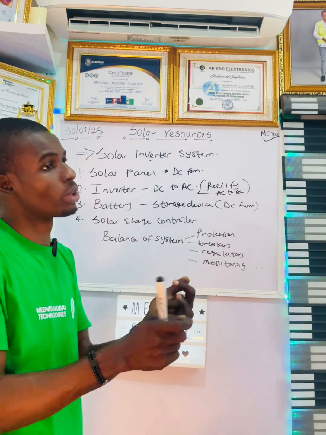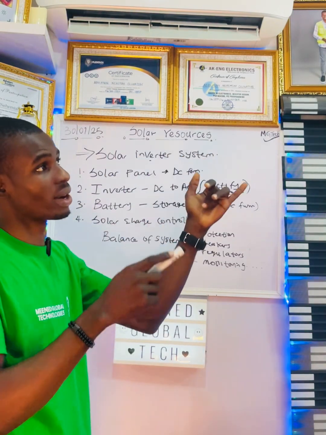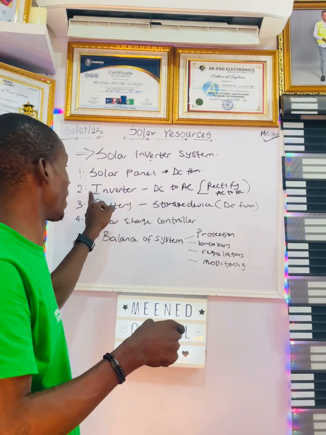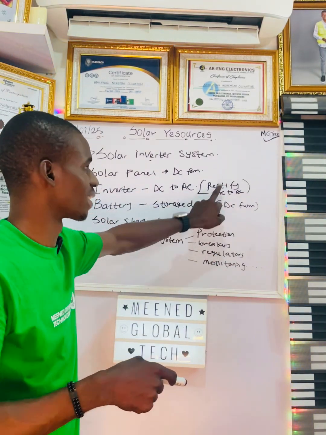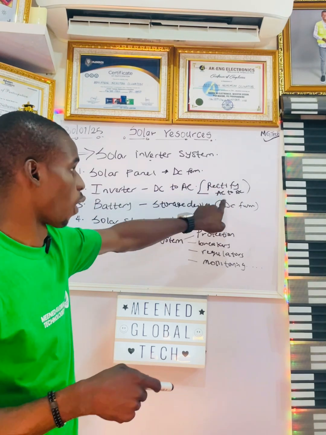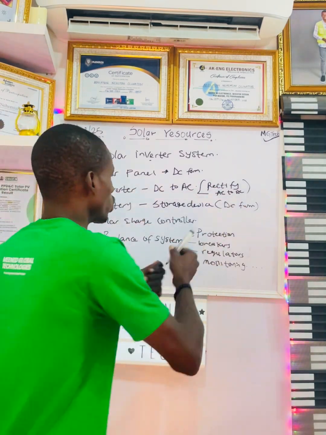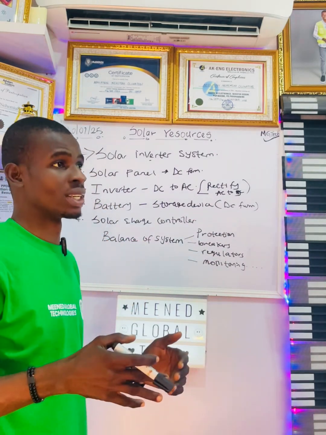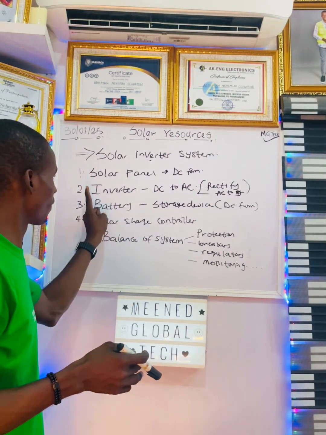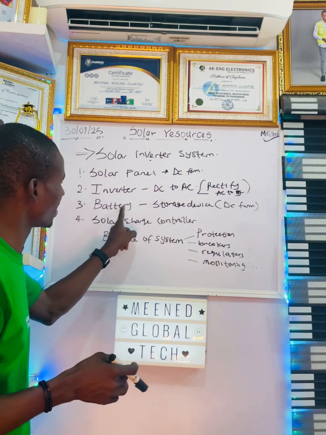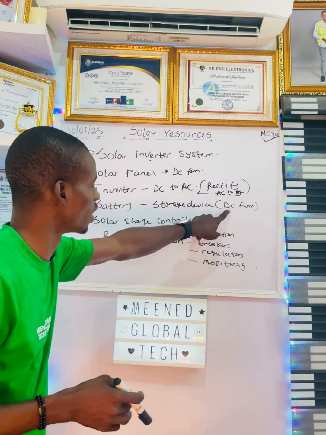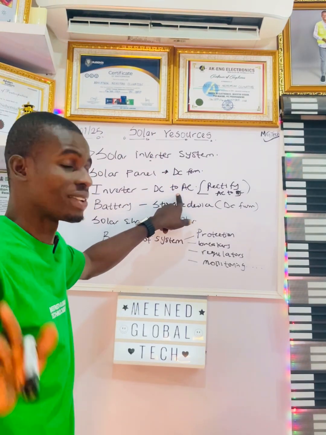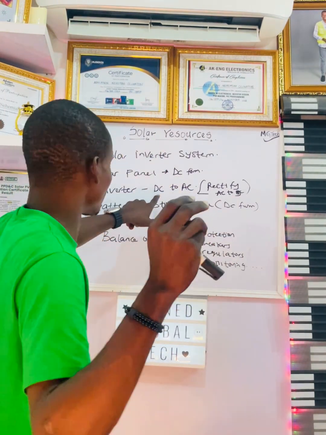The stored energy can come from the panel, or from gen or NEPA passing through the inverter via the rectification process of converting AC to DC. Once energy is stored on the battery, the inverter converts the stored DC energy to AC form of energy, which we use in powering our devices, both at home and in the office.